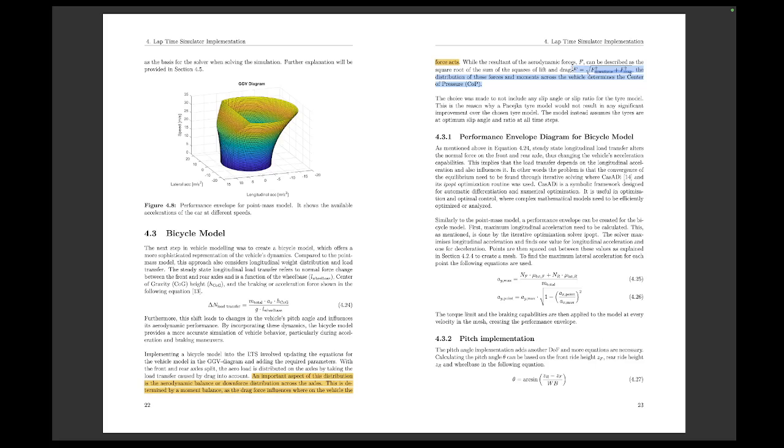We have to figure out a way to modify the normal load.